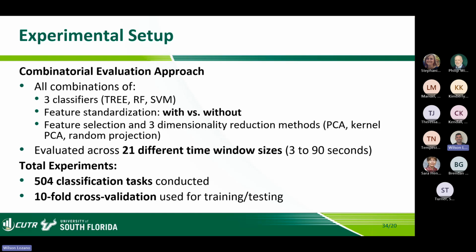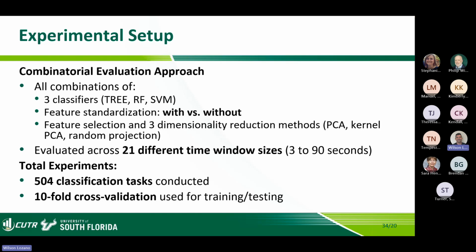For example, one experiment could be the random forest classifier with feature standardization and feature selection, or a classifier without data standardization and using one dimensionality reduction technique like PCA or kernel PCA.